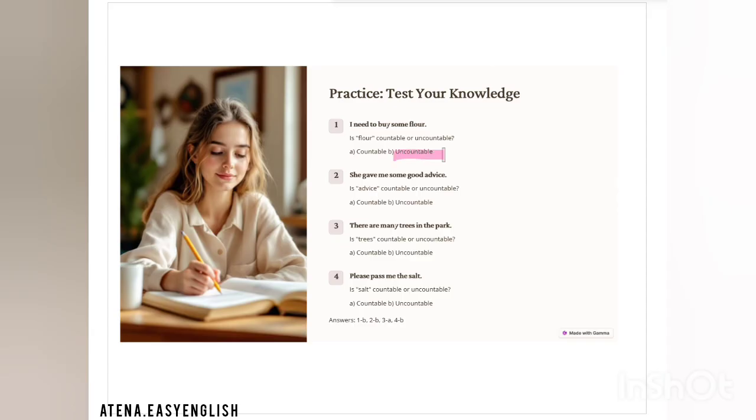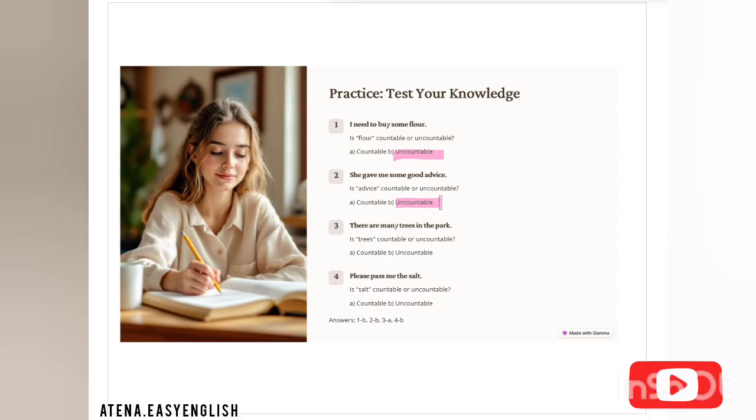It's uncountable. Very well. Question number 2: She gave me some good advice. Is advice countable or uncountable? That's great. It's uncountable.